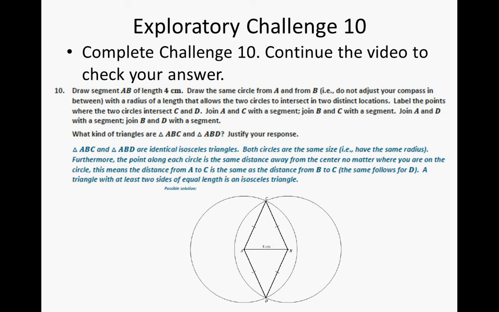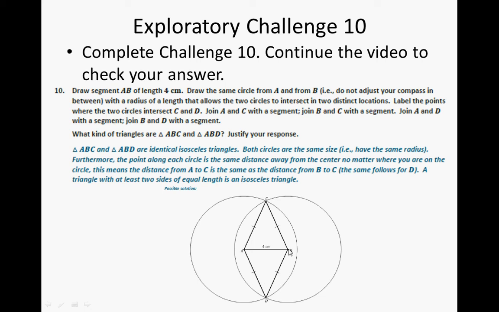Here's where we go back to kind of what we drew before. We have a line segment AB with a length of 4 centimeters. Then we're going to draw the circle using A. And notice as we rotate around, we will get our first circle.